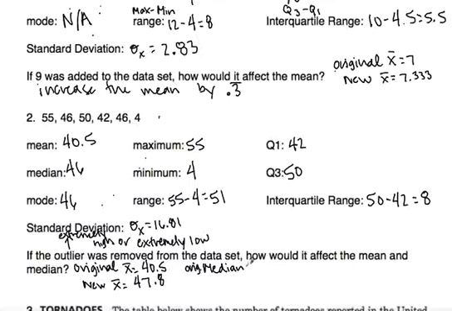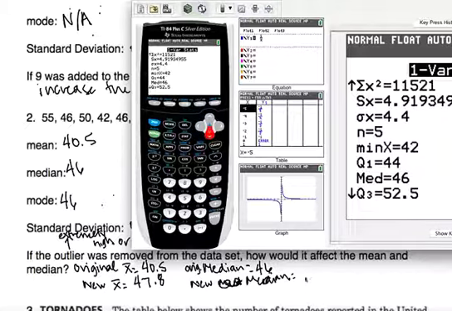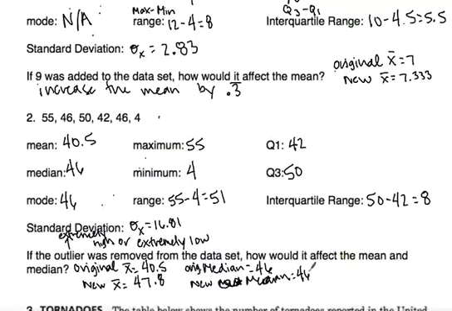Your original median was 46. So the new median can be found by scrolling through, and it stays 46.